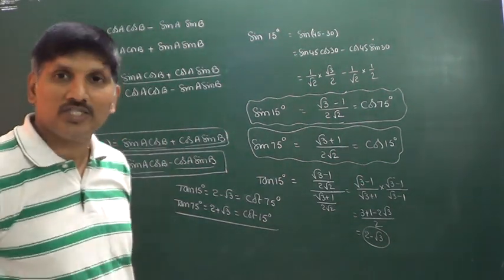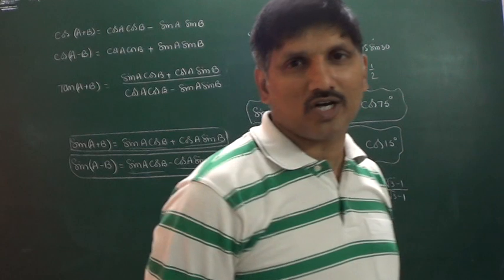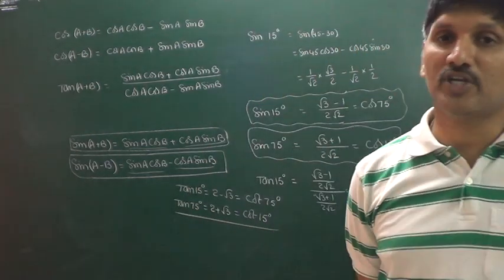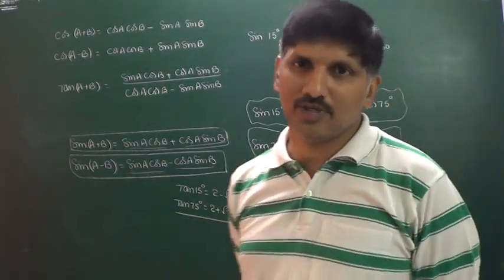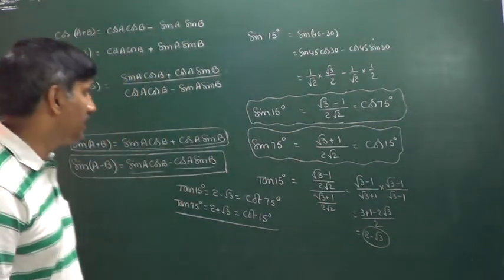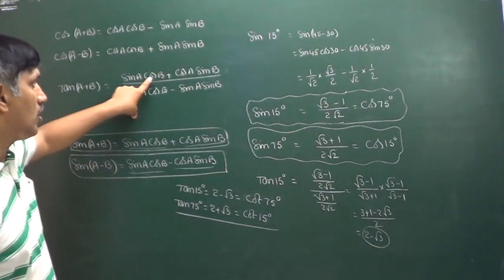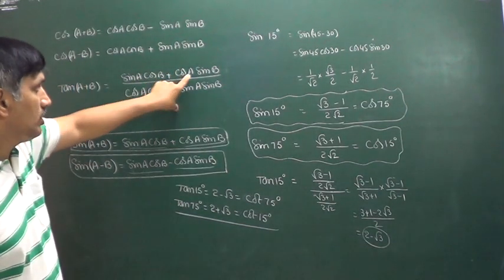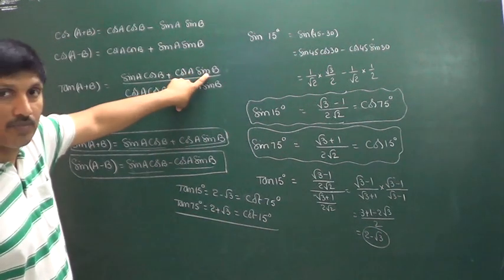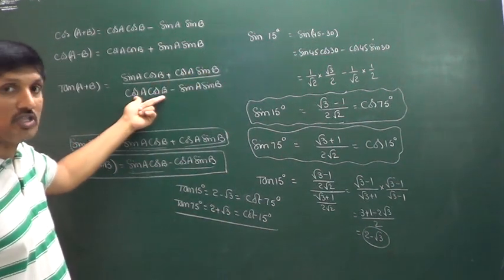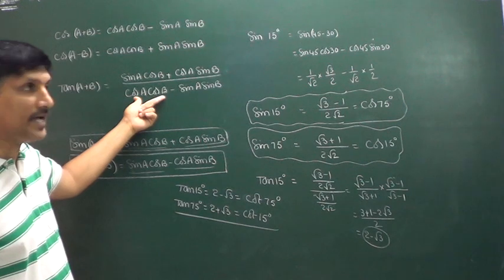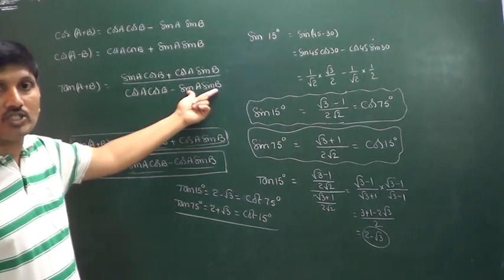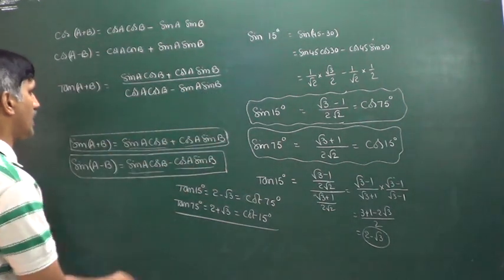Now I divide the numerator by cos A cos B, and the denominator also by cos A cos B. Tell me what happens?